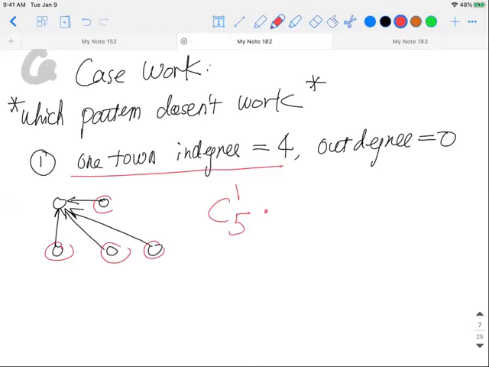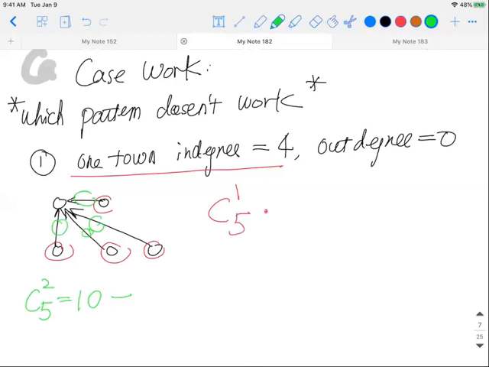And for the rest, how many rows do you have in total? You have 10 rows in total, C(5,2). These are the total rows after you finish the construction. Now you already constructed 4 rows.